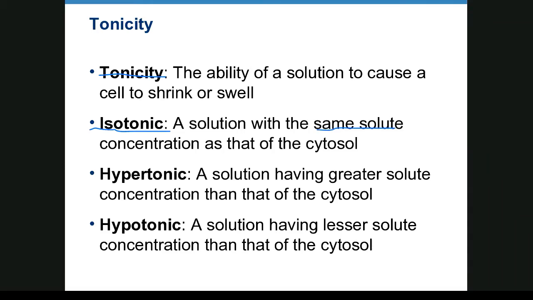If it's hypertonic, the solution has a greater solute concentration, too much, too strong, and so water is sucked out of the cell. Hypotonic solution, the solution has less solute, so stuff will go into the cell.